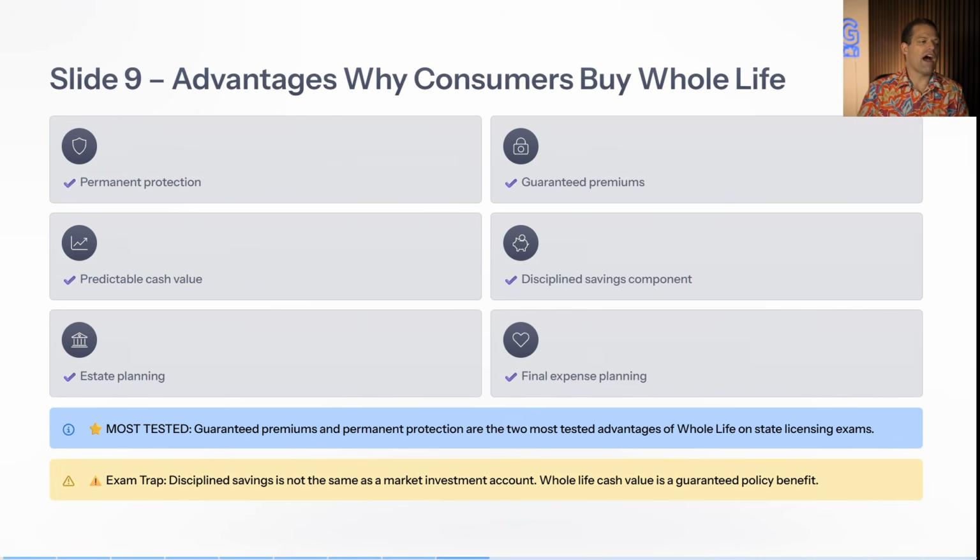So again, why do consumers buy whole life insurance? Think about it: why would you want a plan, what reasons would exist that you need a plan to last forever? For example, one thing is to take care of something that is guaranteed to have an expense. You will die, and there's a cost associated, like cremation or a burial. So you could get a whole life plan to cover that.